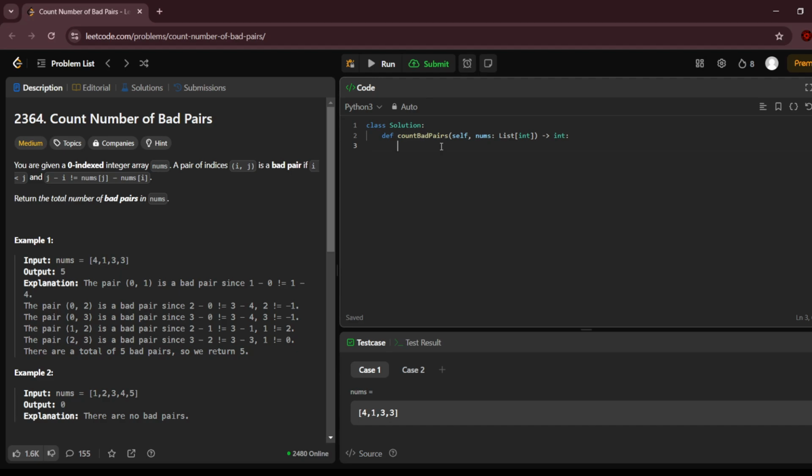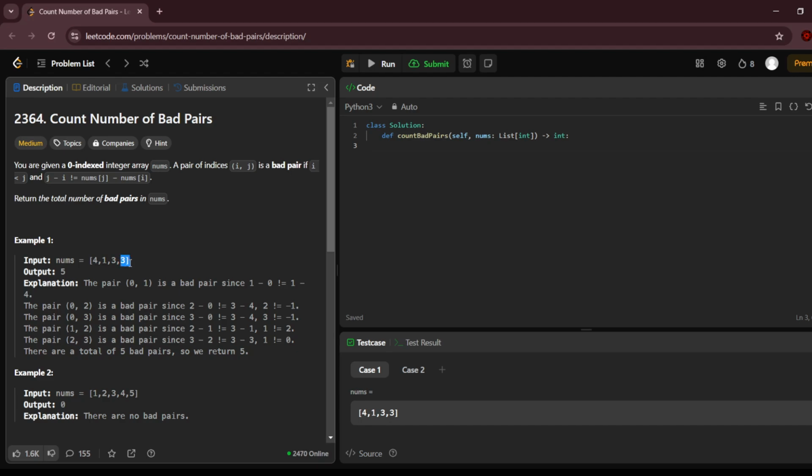For example, if n is 4, the maximum number of pairs that could form is 6. So you get that by n minus 1 times n by 2, because for the first index you could form 3 other pairs, for the second index you could form 2, and for the third index you could form 1.